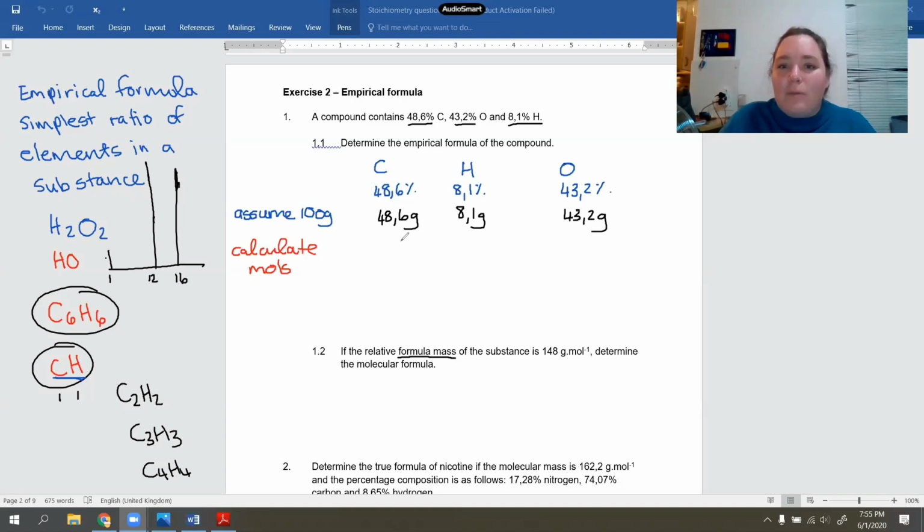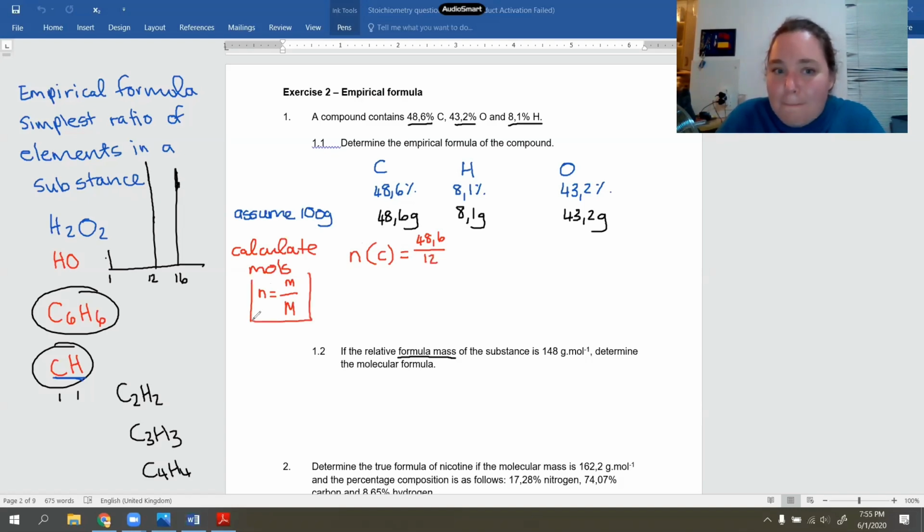So to calculate our number of moles, we're going to use the formula that the number of moles is the sample mass over the molar mass. Now, ladies and gentlemen, I know molar masses because I've been doing this for a really long time. If you need to look these up on a periodic table, don't feel stupid, do. The number of moles of carbon is going to be 48.6 divided by 12, because the molar mass of carbon is 12.